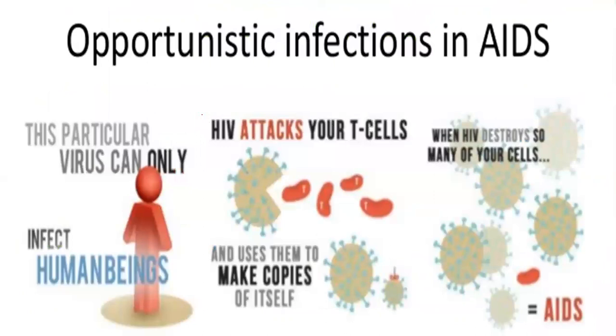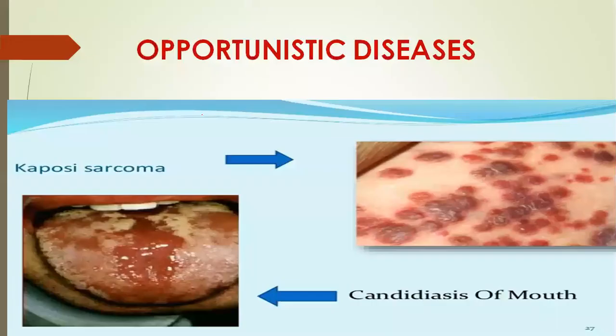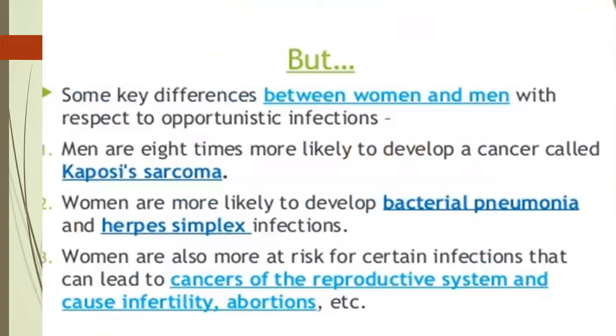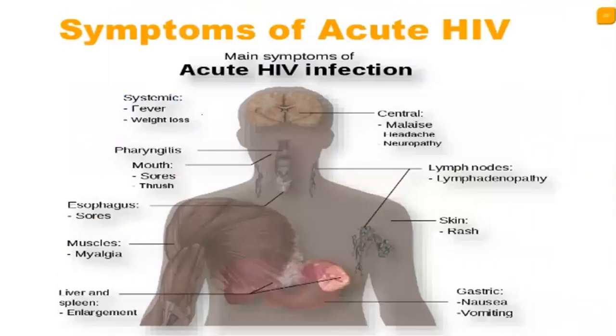Okay, by this, if we see some of the symptoms of HIV, HIV has different stages of symptoms. First, number 1, it has the asymptomatic carrier stage.